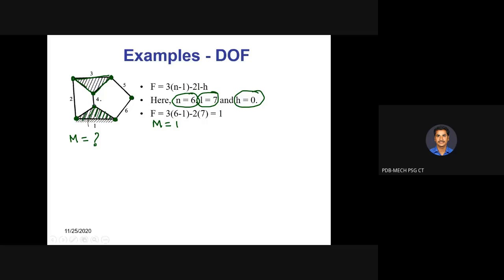Is it clear? Please respond. Is it clear or not? Yes sir. Okay. Tell me about this mechanism.